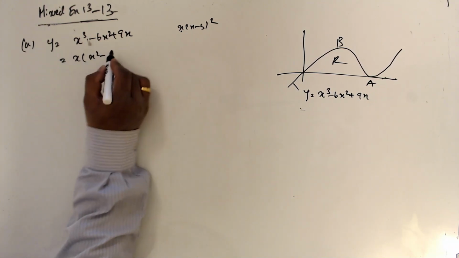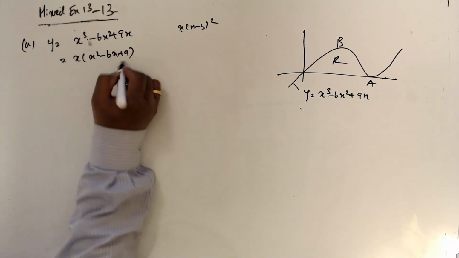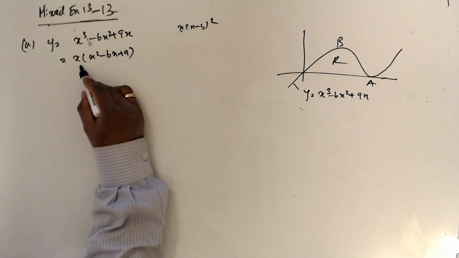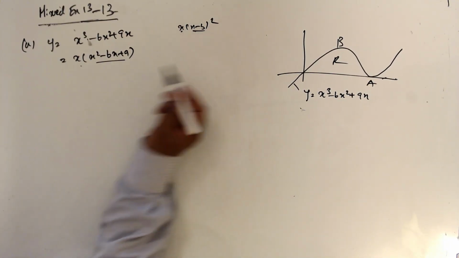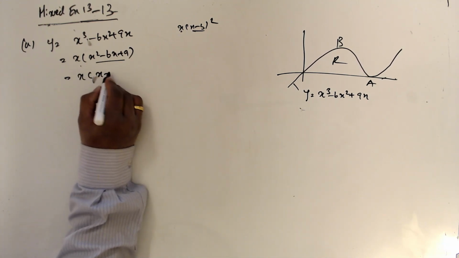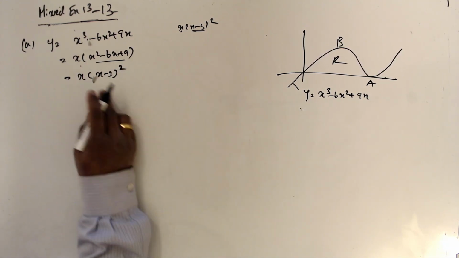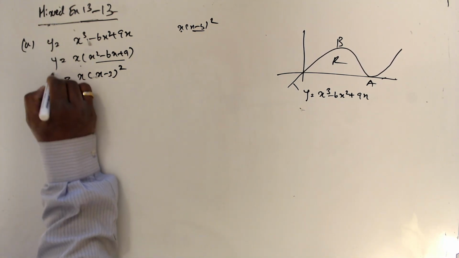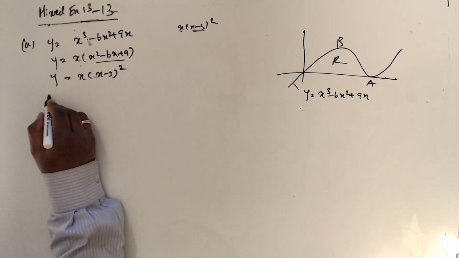Then x squared minus 6x plus 9. This has to match x minus 3 squared, so y equals x times x minus 3 squared.